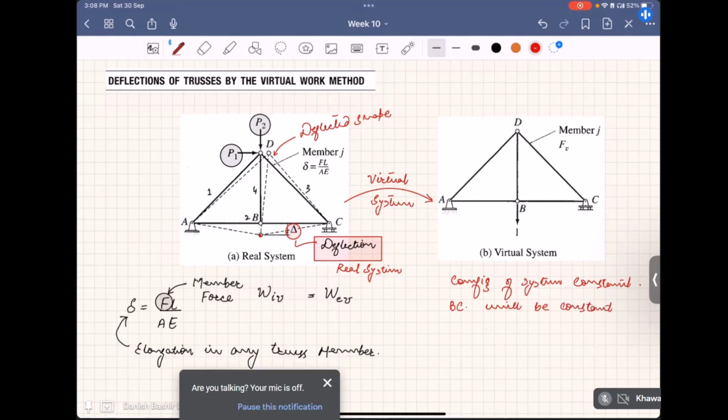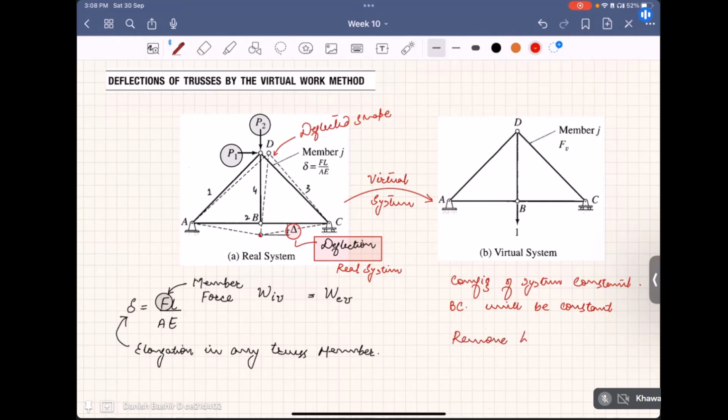By constant, I mean that while we are transforming our real system to a virtual system, these things are not going to change. The support conditions or boundary conditions will remain the same, and the number of members and how they are joined to each other will also remain the same. What will change is that we have to remove the loading, that is, the real loading.